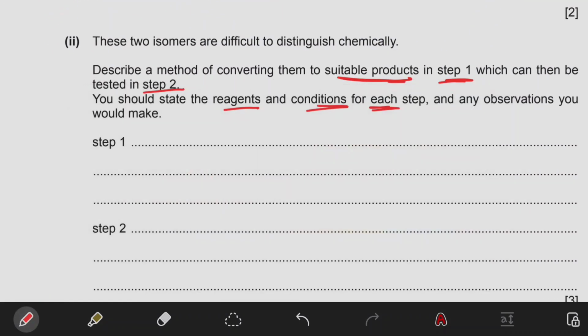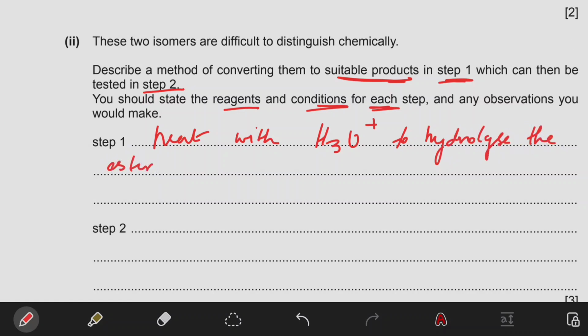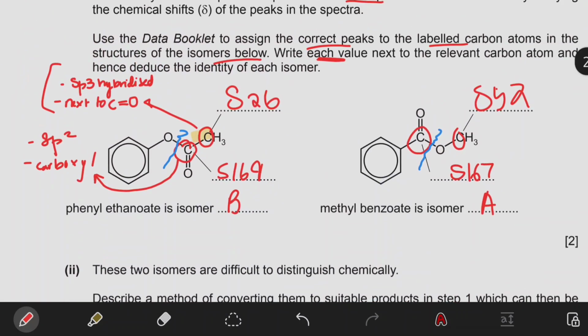And how can we break the ester bond? You have to heat it in an acidic medium to hydrolyze the ester. So heat. Now let's see what the products would be. Here, if you break this bond, a phenol would be formed and ethanoic acid.